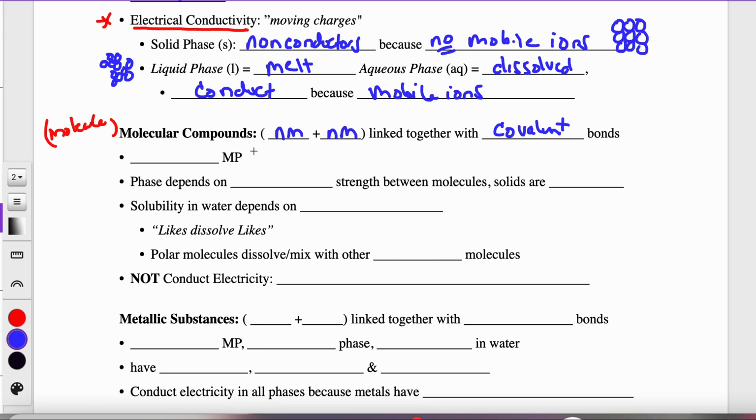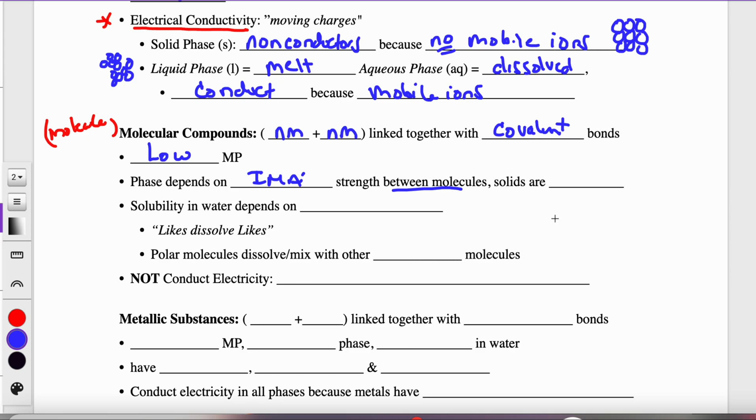Molecular compounds, as a general rule, compared to other types of substances, tend to have very low melting points.